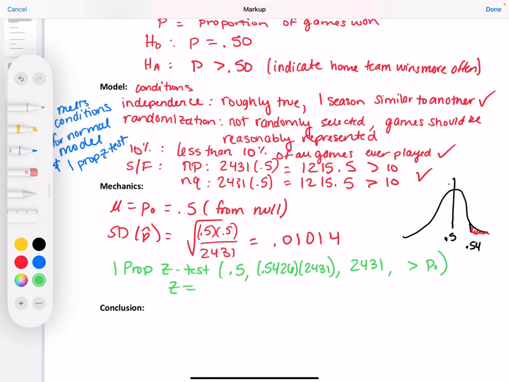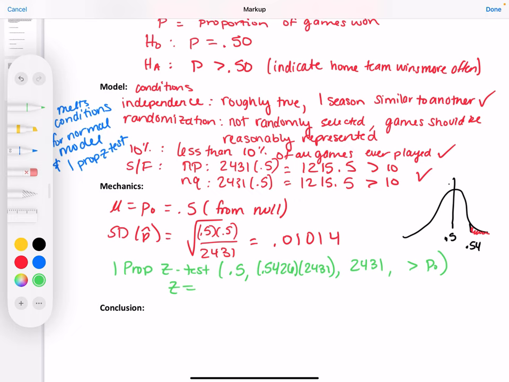Huh? It may want you to multiply those numbers first. It multiplied for 0.5426 times 2431. So it's one prop z-test. Yeah. Is it calculate or draw?